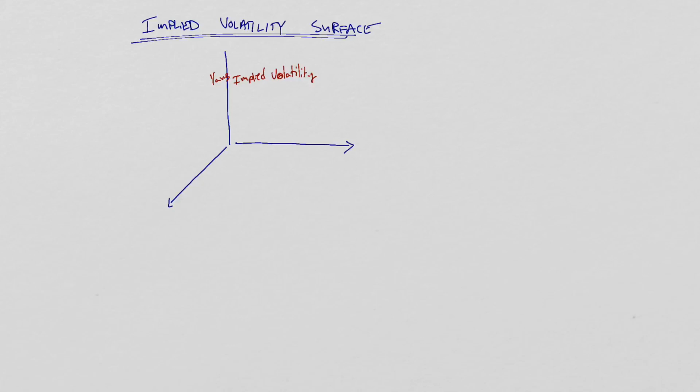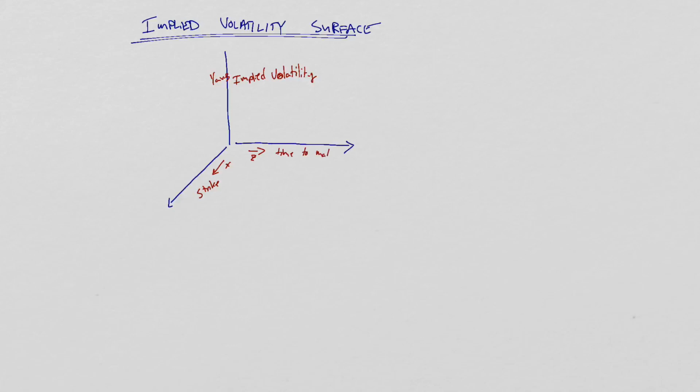and plots on one axis the range of strike prices for a single stock or whatever this option is written on. You can have options written on things other than stocks, such as interest rates or currencies. But on one axis here, the x-axis, say the strikes are plotted, and on the other axis, the z-axis, you have time to maturity.